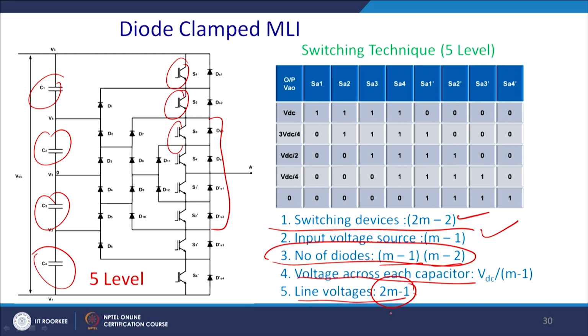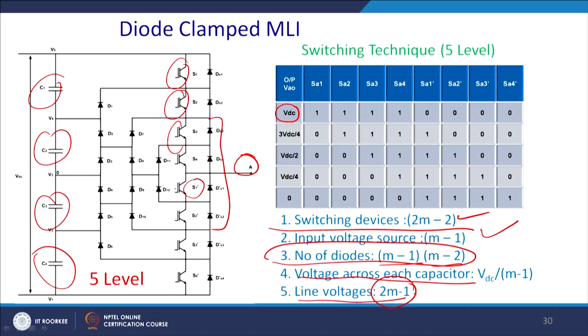So, if you wish to get that voltage at the point A, the pole of the inverter, equal to VDC, all the 4 upper switches are required to be on.